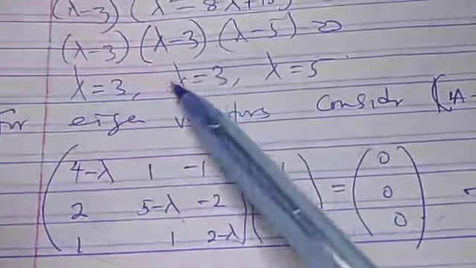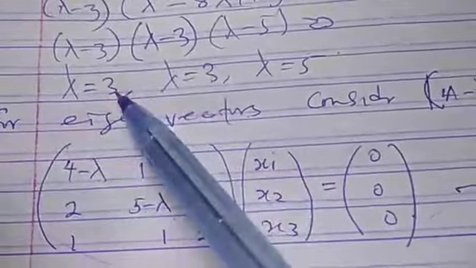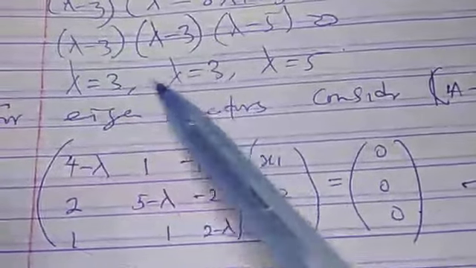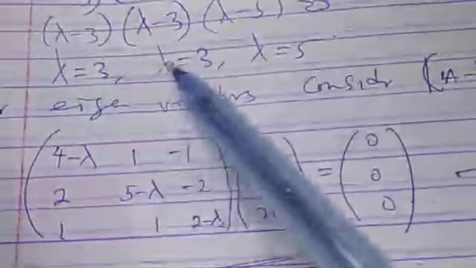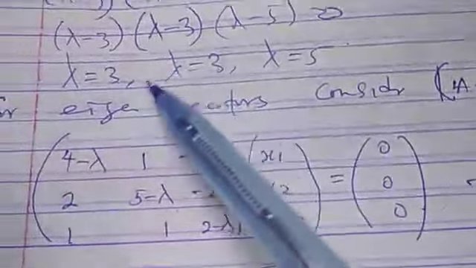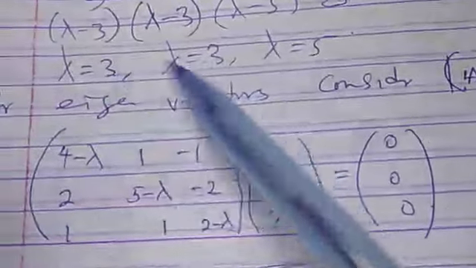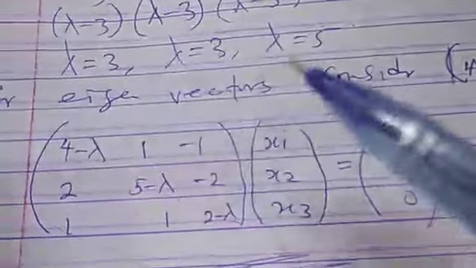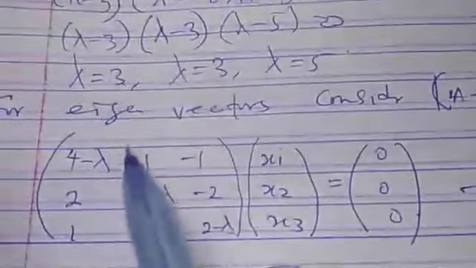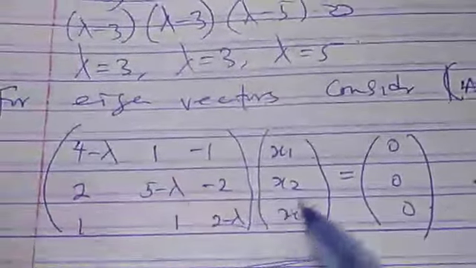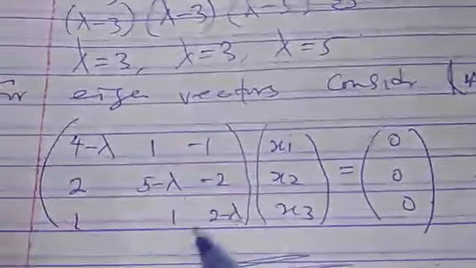However, there are repeated eigenvalues, and they will produce 2 eigenvectors. By the time we finish, you will see that these 3 will produce 2 eigenvectors.